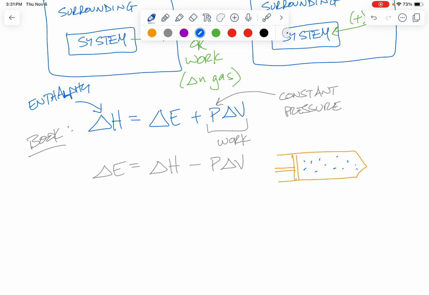So I have my gas particles here, and this is our initial volume. If we have a decrease in the moles of gas, then to maintain constant pressure, the volume must go down.